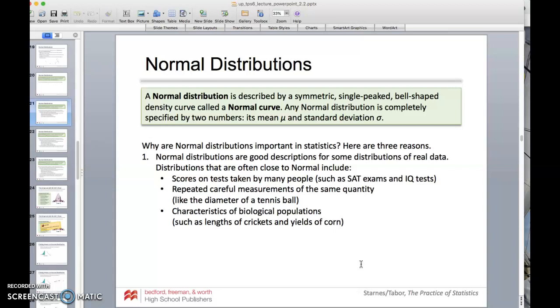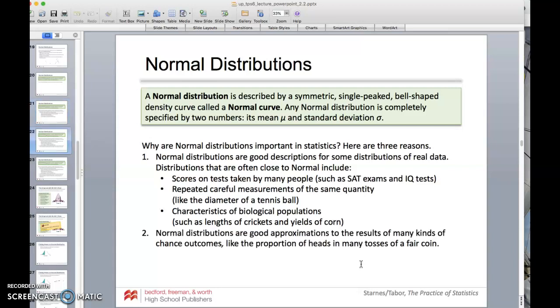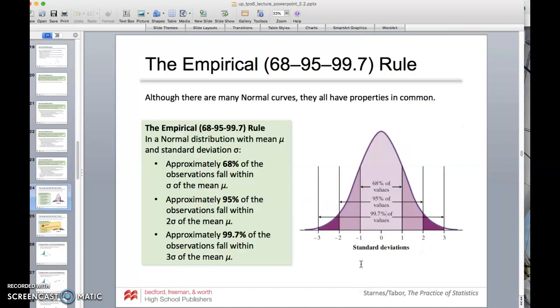Characteristics in biological populations, such as length of crickets, yields of corn, it's really amazing all the things this relates to. And some other things are good approximations, like the proportion of heads when you're tossing a coin. We're going to use that a lot when we start talking about inference in third quarter, chapters 8 through 12. They're really based on the normal distribution. So it's a good thing that we get started on this now.